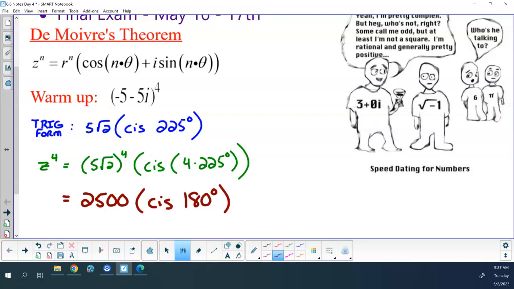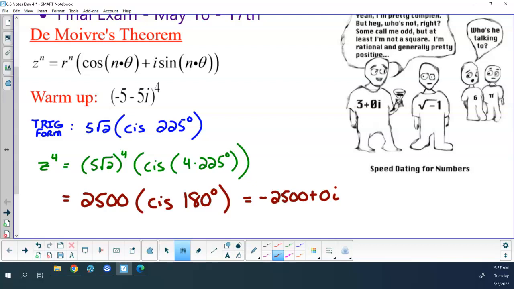Questions on it. And we can leave it like that, or if we wanted to put it in standard form, we would say 2500 times the cosine at 180, that would be negative 2500 plus 0 pi.